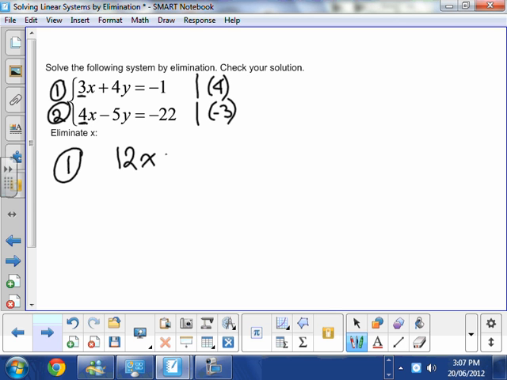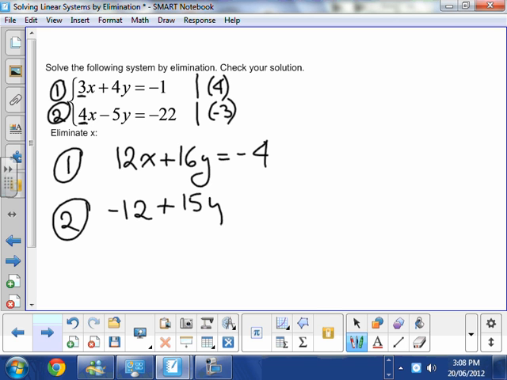We could have picked multiplication by negative 4 for the first one and by positive 3 for the second one. We will accomplish the same task. So the second equation, as we can see, multiplied by negative 3 is giving us for the x variable the same coefficients but opposites.